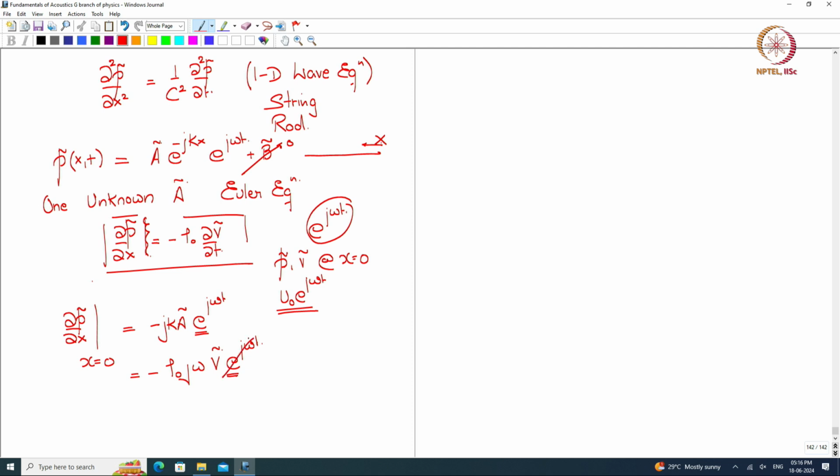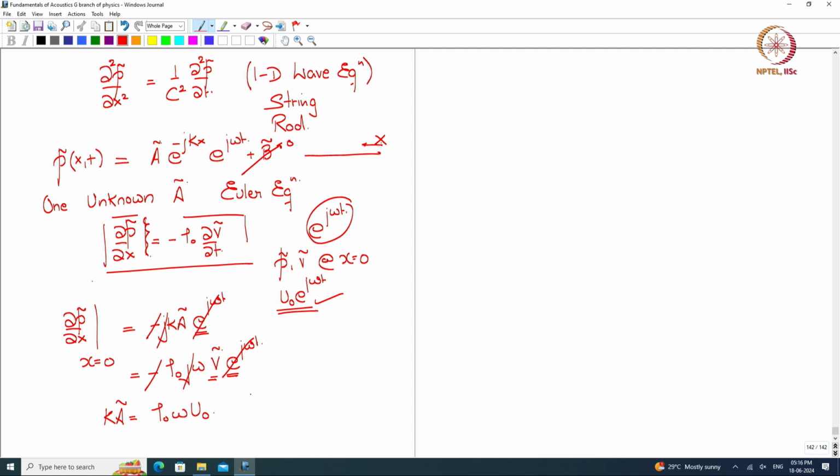So now this e to the power j omega t goes away, and I have v tilde. From here the negative sign goes, and from here the j goes. So I have k A tilde given by rho 0 omega, and at x equal to 0 the velocity is u0. That was the condition.